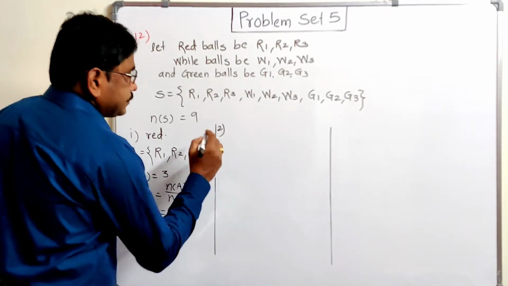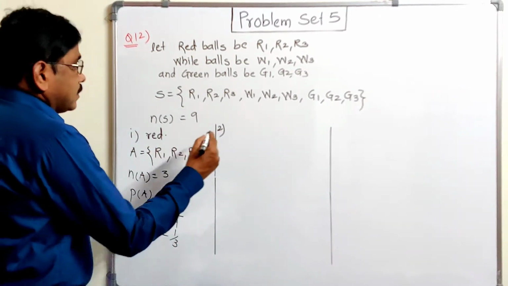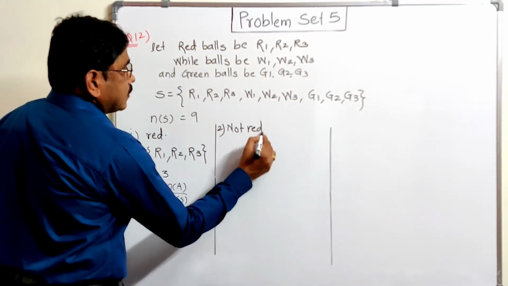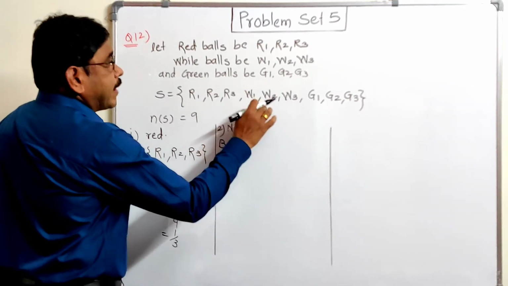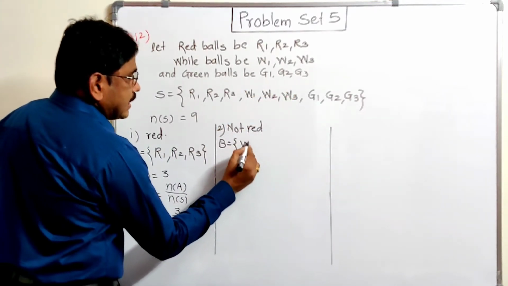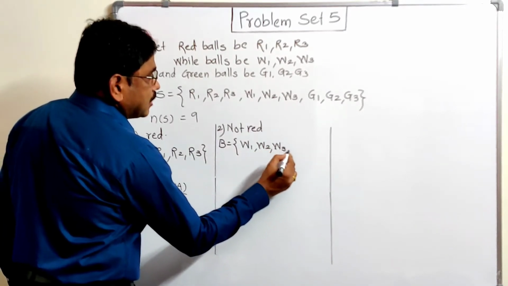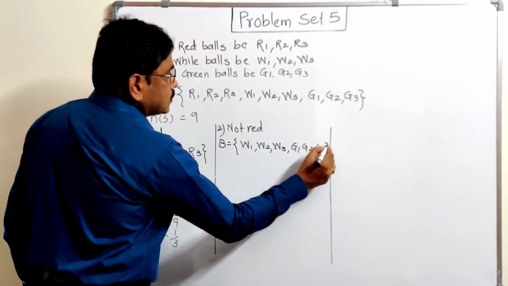Second case, not red. So in second case what is given? The ball is not red. Not red means the ball may be white or green. If it is not red, then which will remain? White, that is W1, W2, W3, G1, G2, G3.